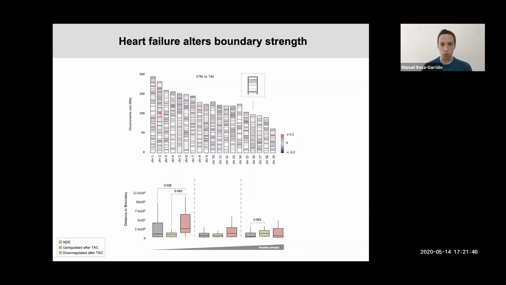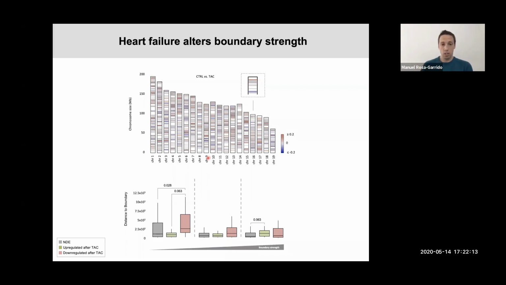Here I'm showing you the location of all the TAD boundaries that were detected by our Hi-C data. Okay, so each of these lines is a TAD boundary. If the line is blue, it means that the strength of the boundary got reduced after inducing heart failure. If the line is depicted in red, it means that the strength of the boundary increases after heart failure.